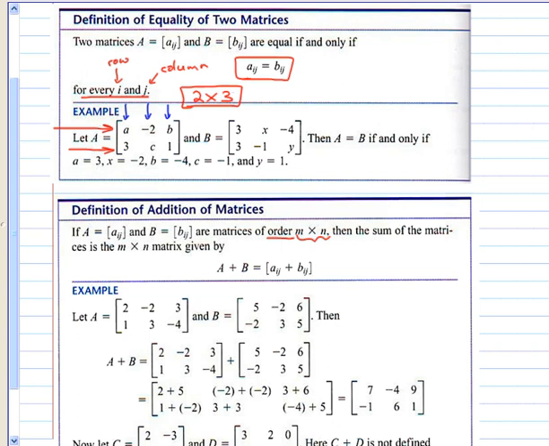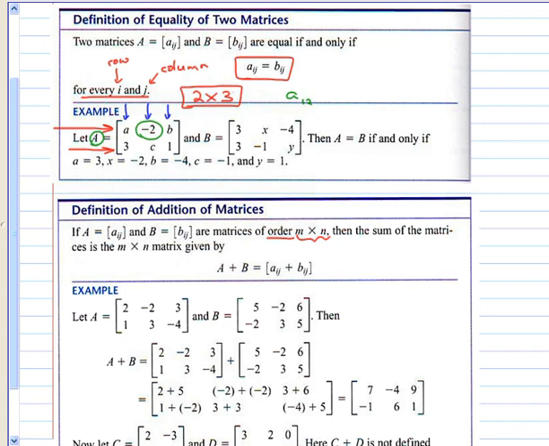So if I am referring to the -2 back down here, which row is that in? The first, row 1. Which column is it in? 2, the second. So that position, if I'm using the letter A because it's matrix A, I would call that -2 the position A sub 12.